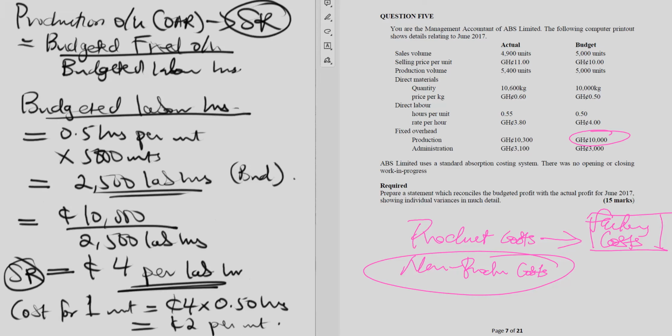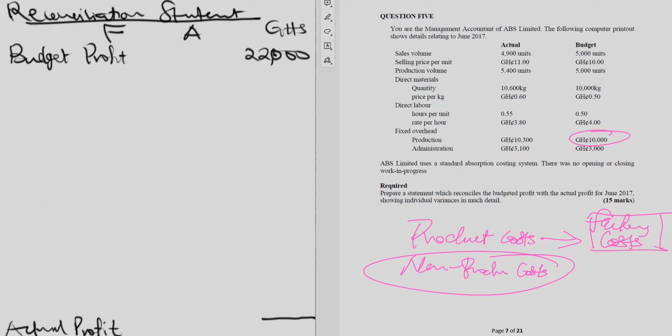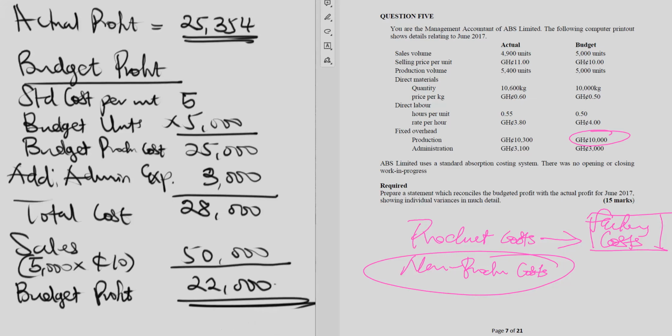I work both profits and then put them where they are supposed to be. So in between, when I work any variance, I slot it in. So from here, I'm going to start working on the variances, then I'll be slotting them in.